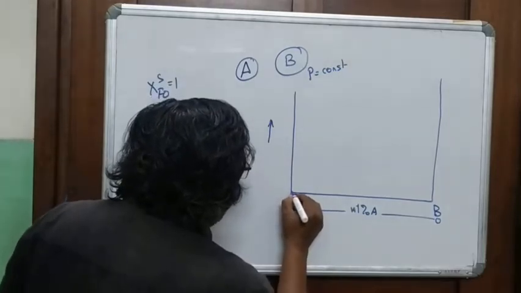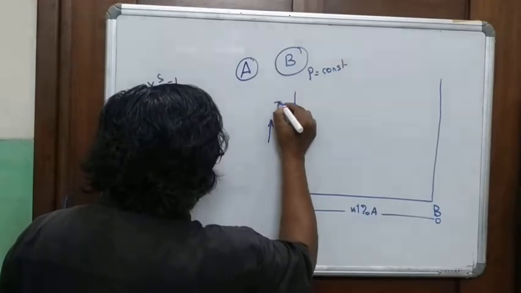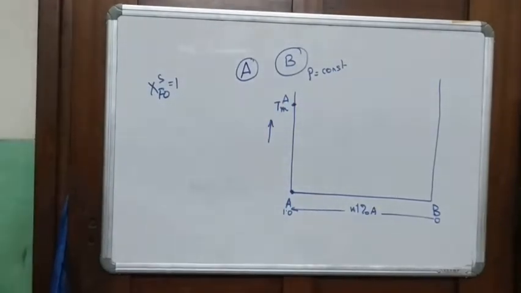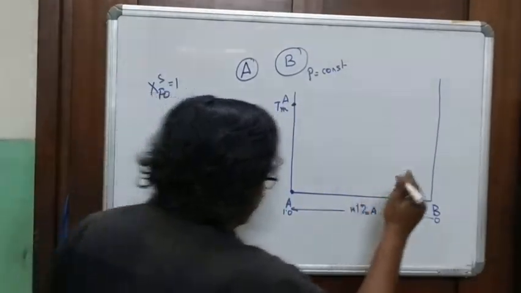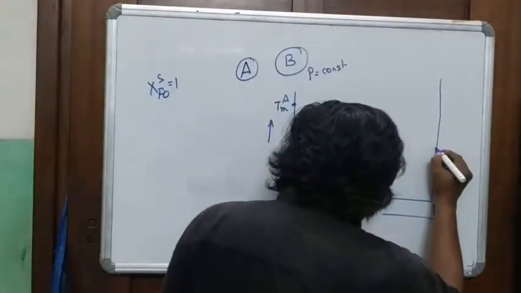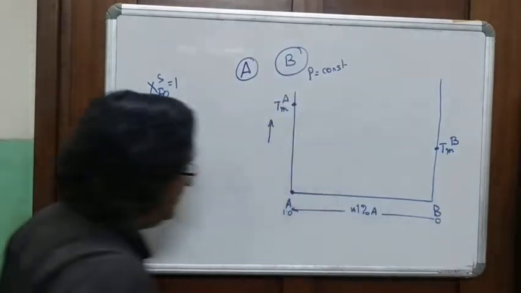So for pure A at X equal to 1.0, you will have the melting temperature of A, which is fixed. And for B, the other end member, not a solution end member, a pure phase end member, let's say this is the temperature of melting of B.